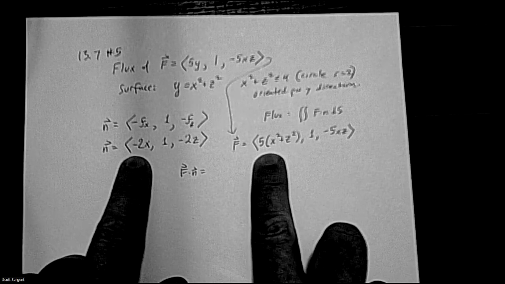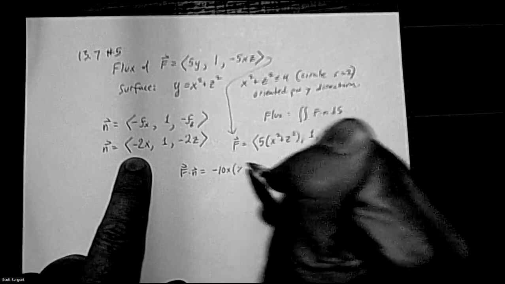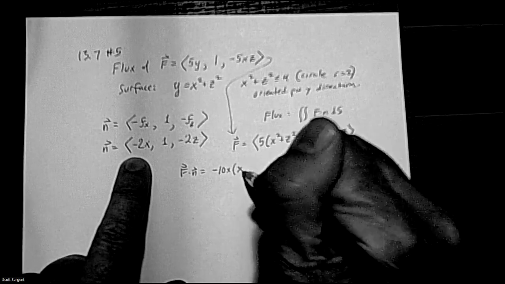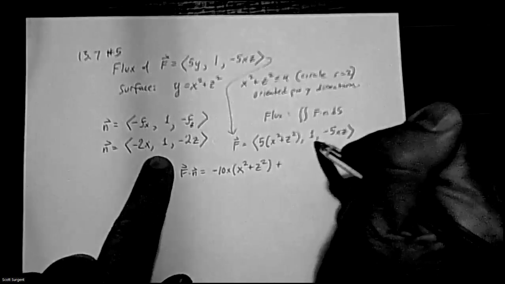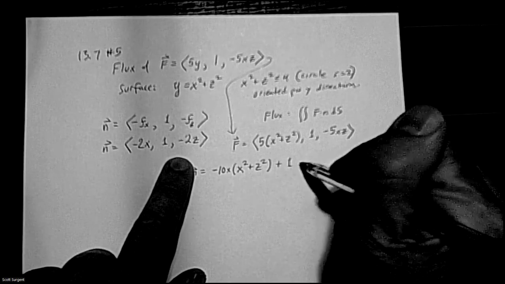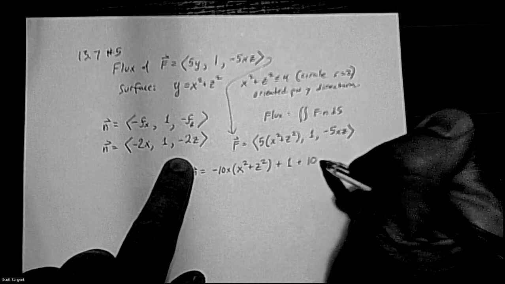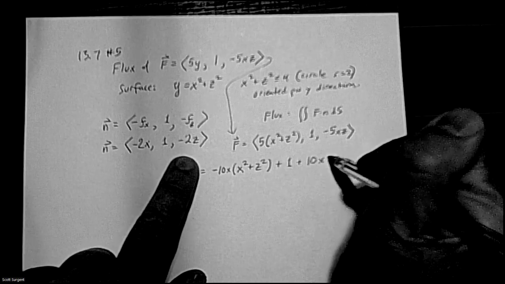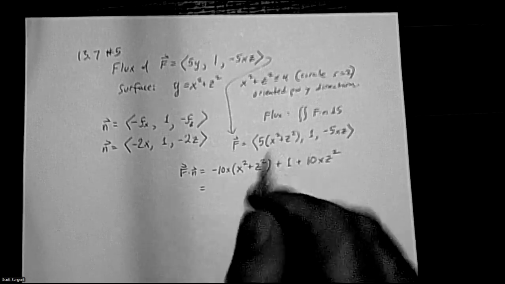It'll be negative 10x times x squared plus z squared, plus 1 times 1, which is 1, plus 10xz squared. I see we get a little lucky here. Let's go ahead and distribute.